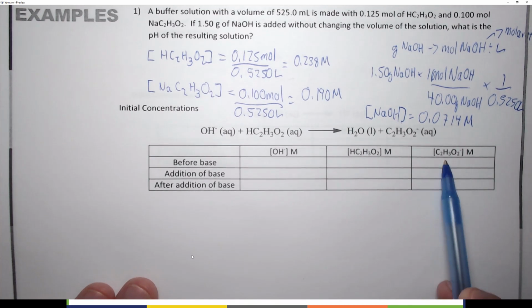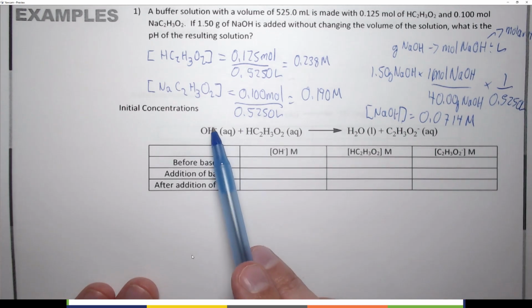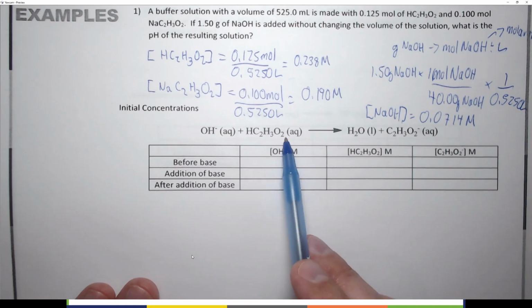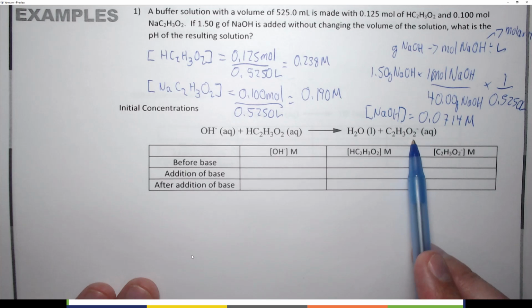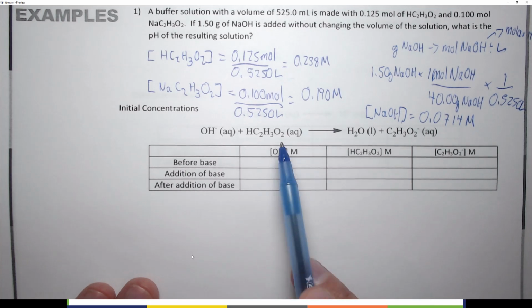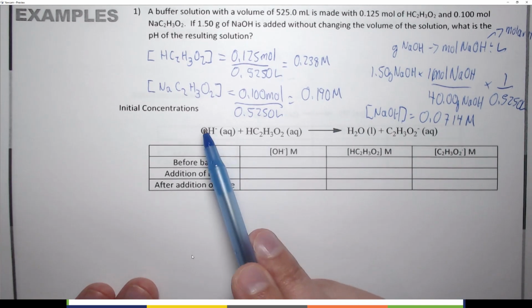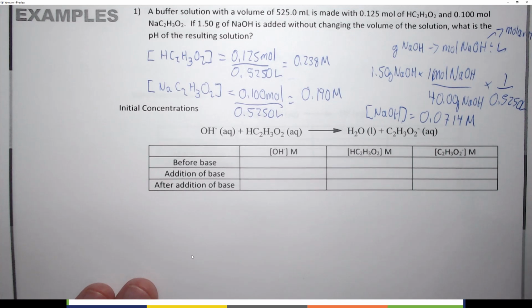Specifically, I'm going to need this one and this one. Note that the OH minus in the sodium hydroxide is going to react with the acid. So I'm going to have less acid when I'm done and more acetate. I'm going to have less of the weak acid and more of the conjugate base, as we discussed in the previous section. The acid reacts with the strong base. In the opposite case, the base reacts with the strong acid in future examples.